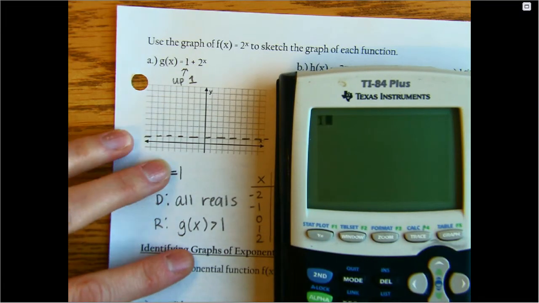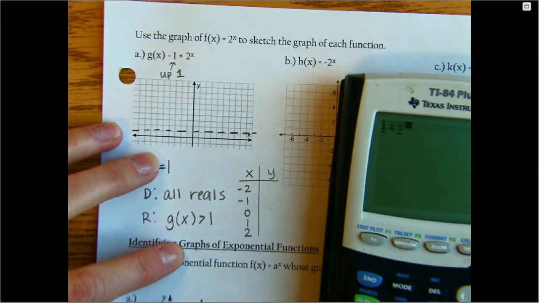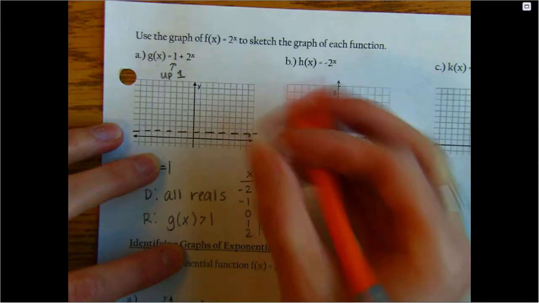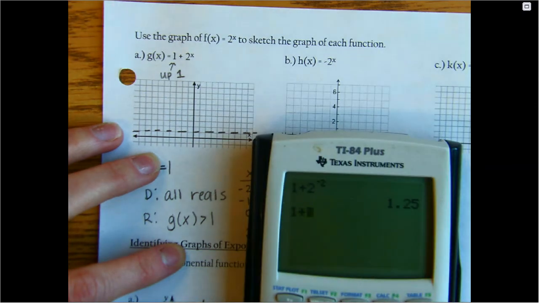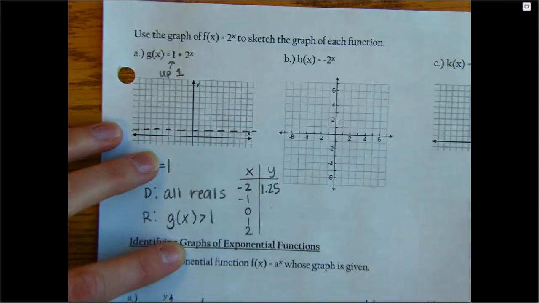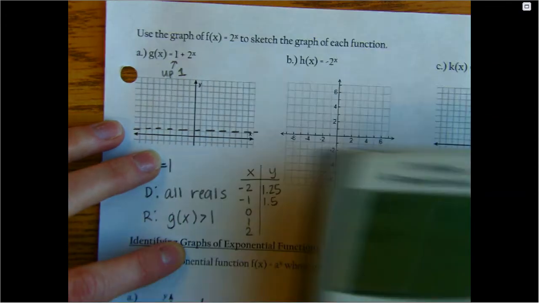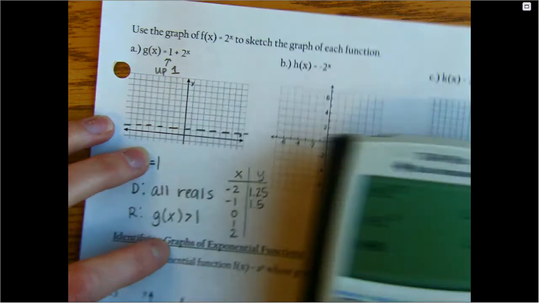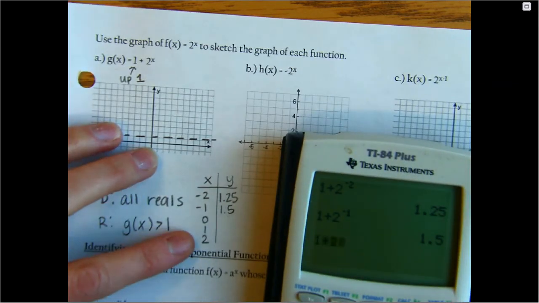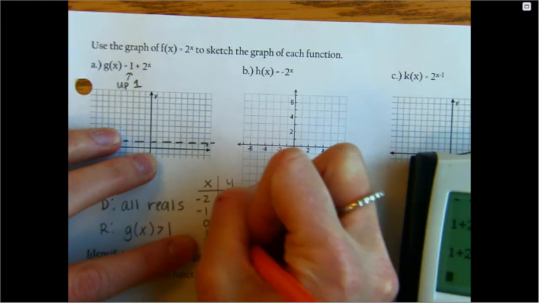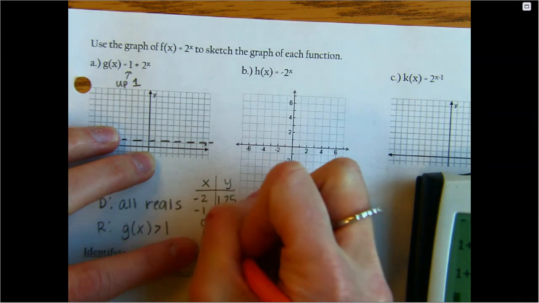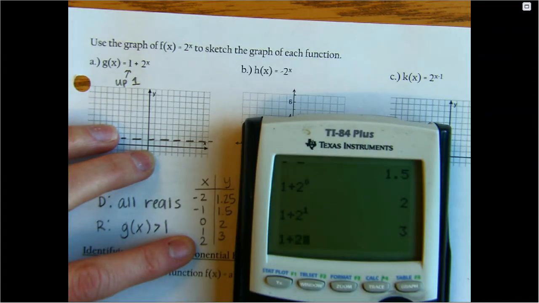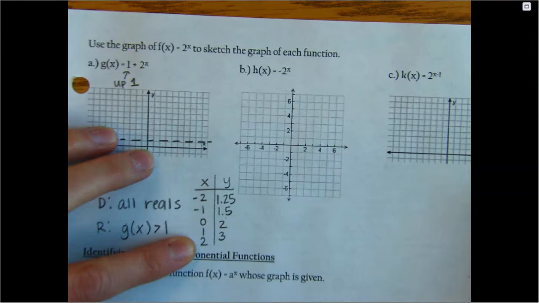I type in 1 plus 2 to the -2nd, and I get 1.25. 1 plus 2 to the -1st is 1.5. 1 plus 2 to the 0 is 2. 1 plus 2 to the 1st is 3. 1 plus 2 to the 2nd is 5.